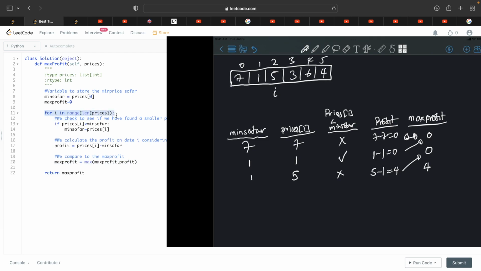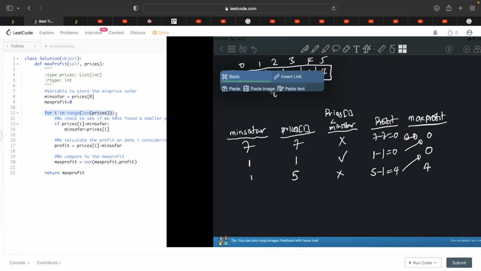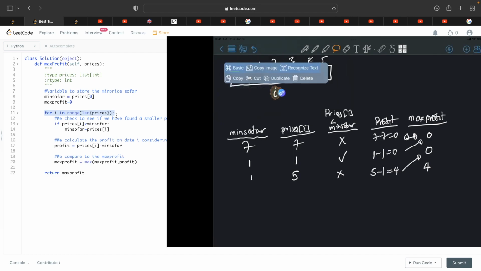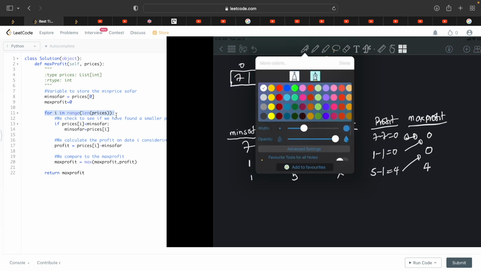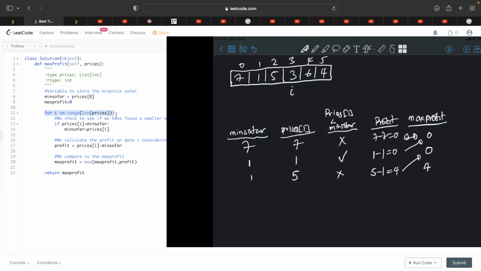Then when we go back to the diagram, you can see that our I has moved to here. So we come here, we update the prices at I. It's now 3. Is 3 less than our min so far? No, it's not.